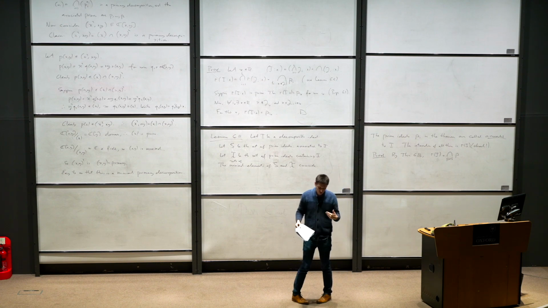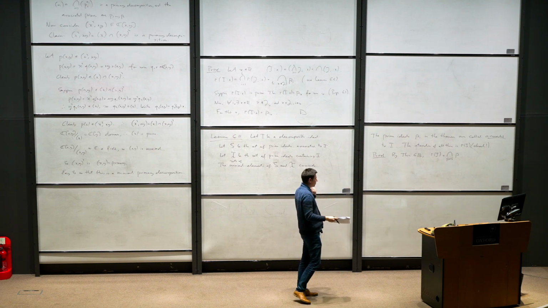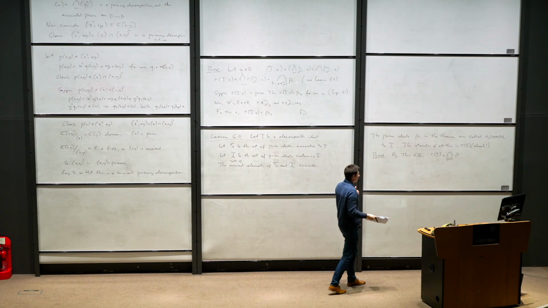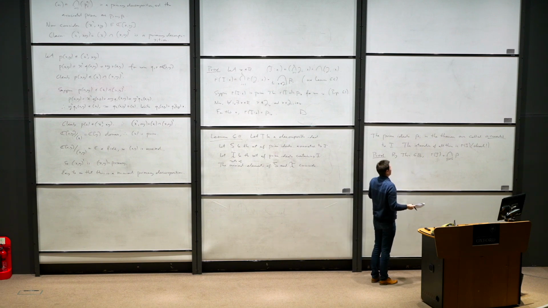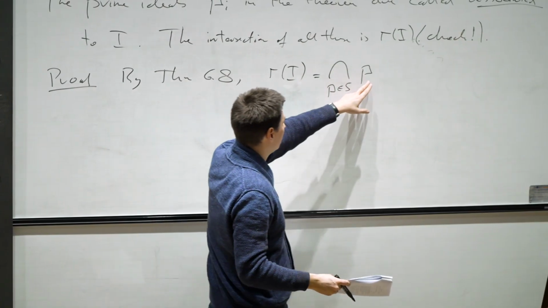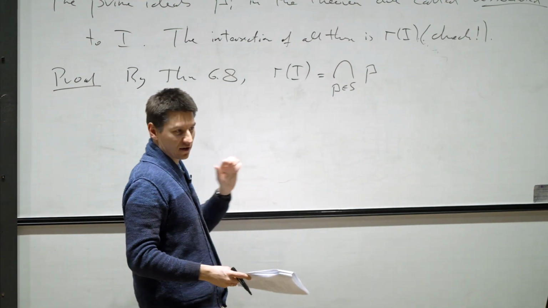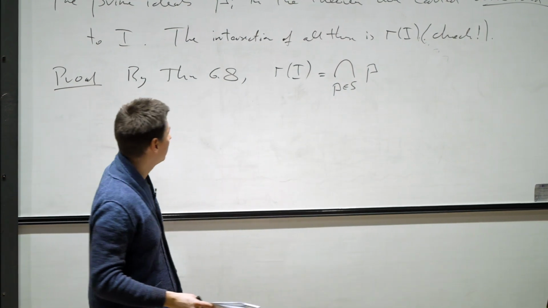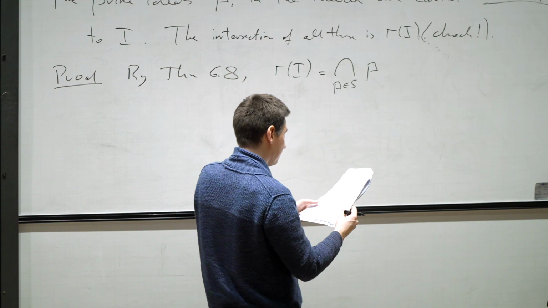When we pass to radicals, the intersection is finite. We can pull the radical through the intersection. The radicals of the J's in primary decompositions are exactly these P's in S. That's exactly the associated primes. That's just the definition. So we have that.